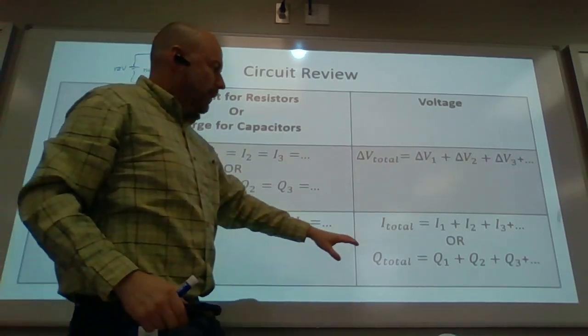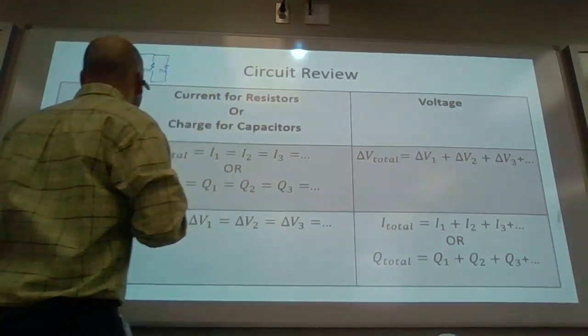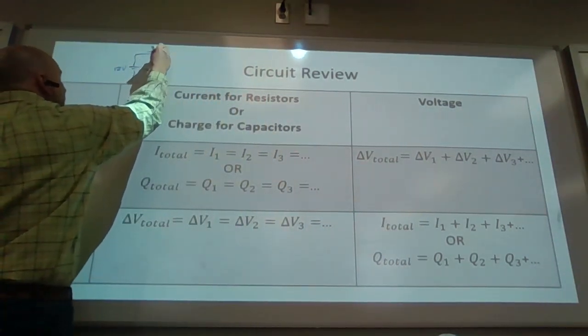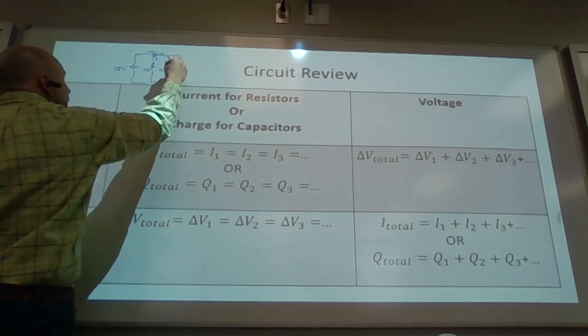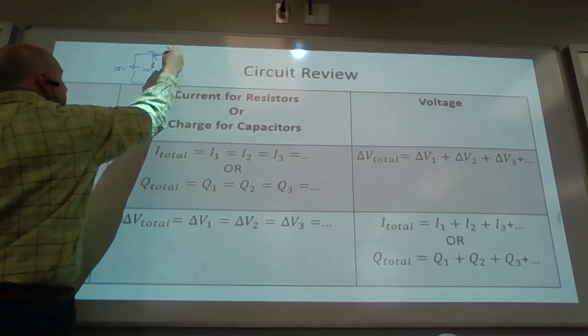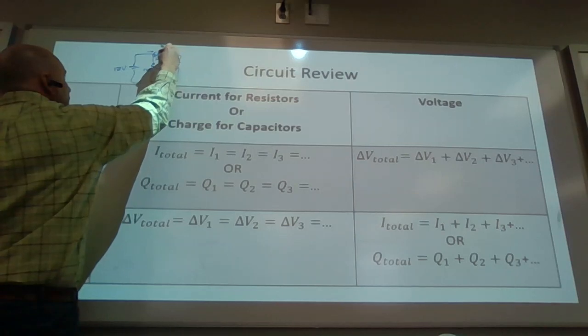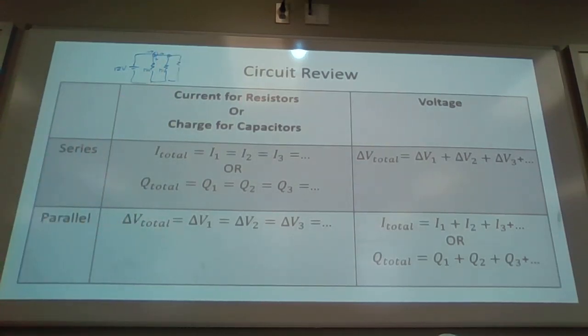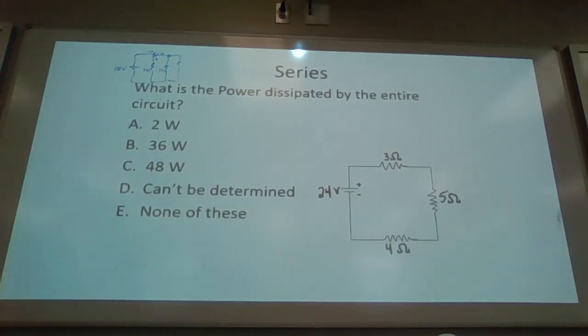This is a consequence of junction rule, because at this junction, what's going in has to go out, and as you add more of those, there has to be more current to supply that, so current adds up. Okay.